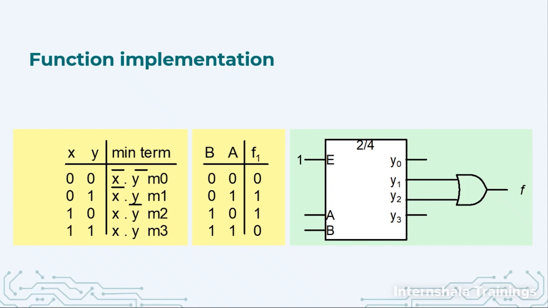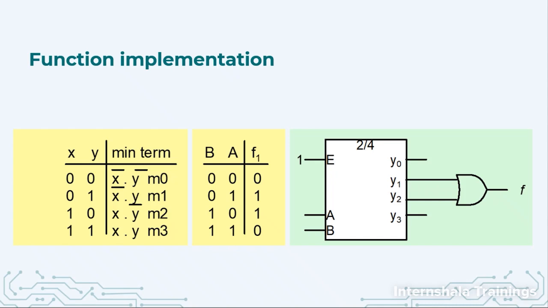Wherever the value of f is 1, take those outputs. These can be 2, 3, multiple of them. Take all of them, connect them with one OR gate, and the output of the OR gate is our function f. So this is the simple implementation process using a decoder.